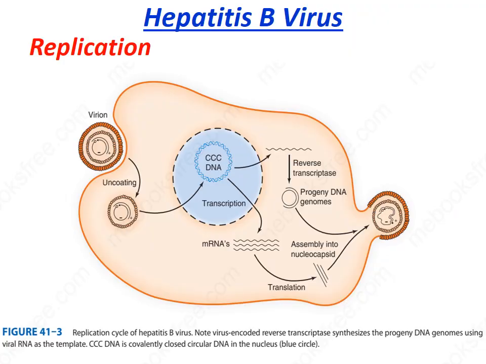Replication of the hepatitis B virus. It starts with the attachment of the virion to specific receptors present on the hepatocytes.